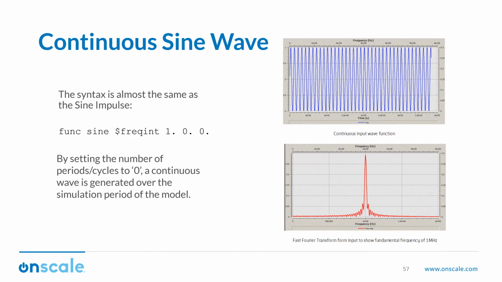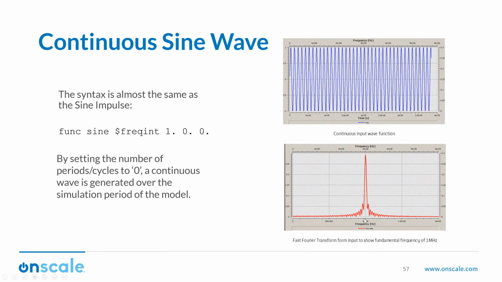The continuous sine wave, for example, is basically the same as the previous one, but the only difference is that the number of cycles here, I'm just setting to 0. And if I set that to 0, the number of cycles will be infinite. So this is why it's called a continuous sine wave. And we see that in this case, the frequency obtained at the end is tending towards the perfect 1 megahertz frequency, right?